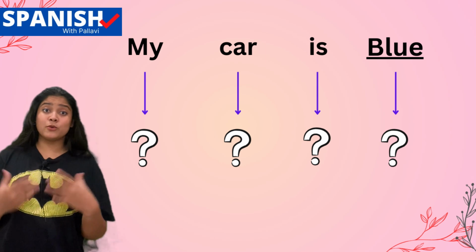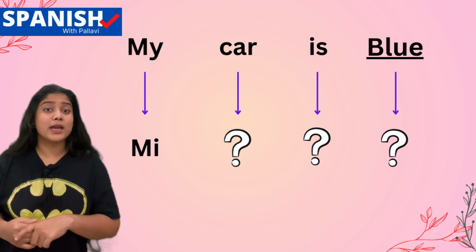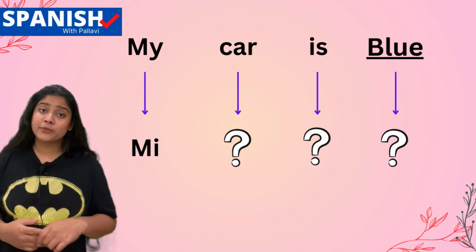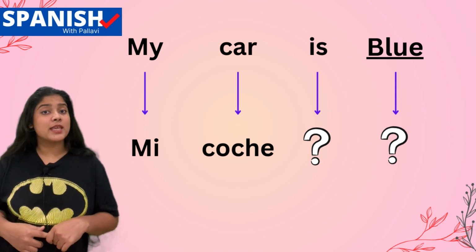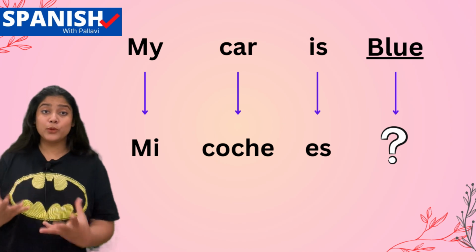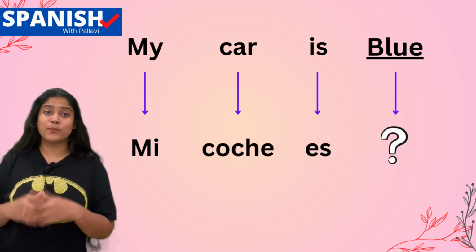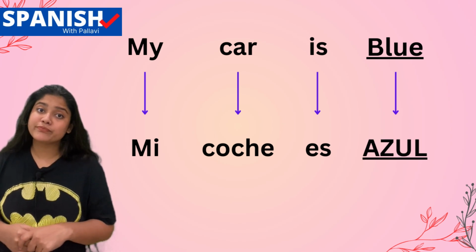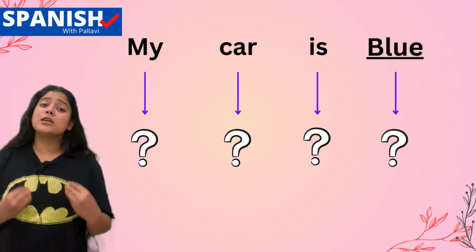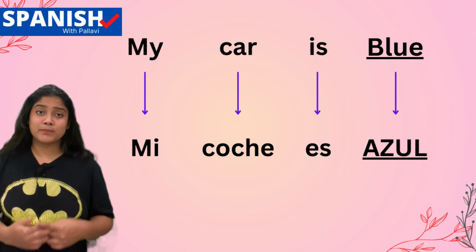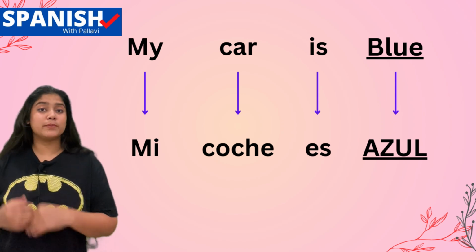So my will be mi, car will be coche, is will be es, blue will be, you already know, azul. So the whole sentence will be: my car is blue, mi coche es azul. Mi coche es azul.